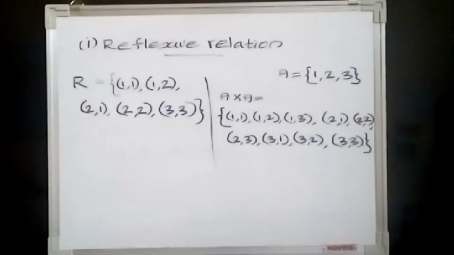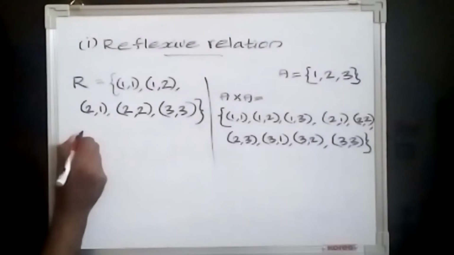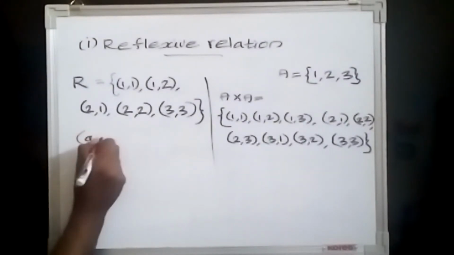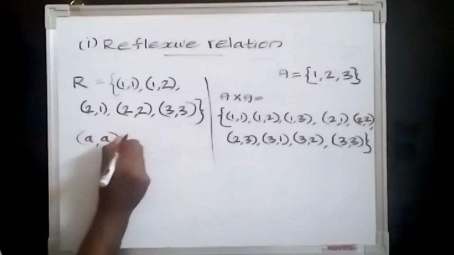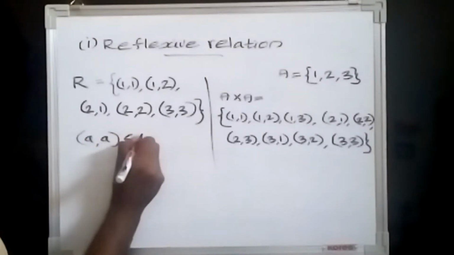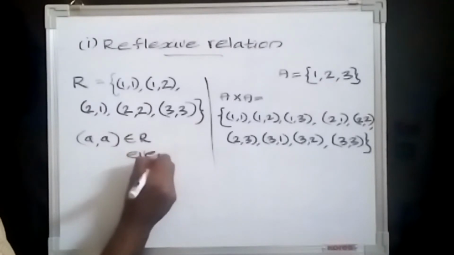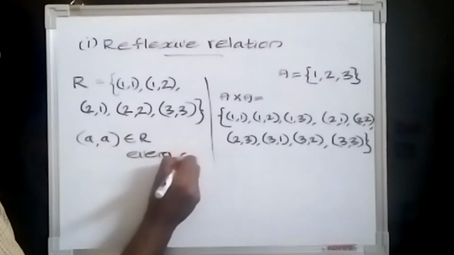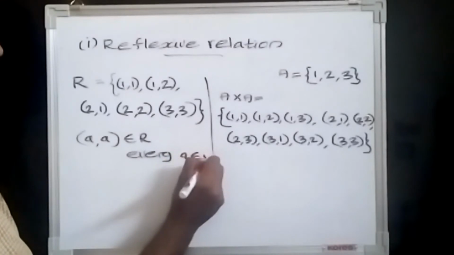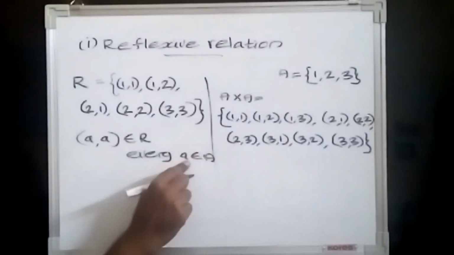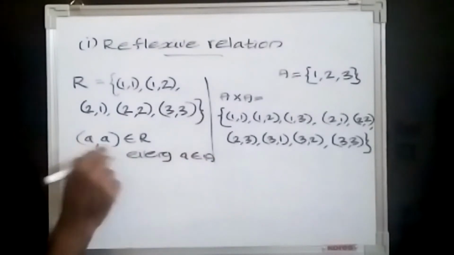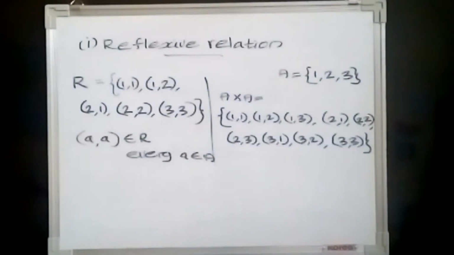And we have defined what a reflexive relation is. A reflexive relation is a relation in which (a, a) belongs to R for every a belonging to capital A. If for every element in A, (a, a) belongs to R, it is a reflexive relation.